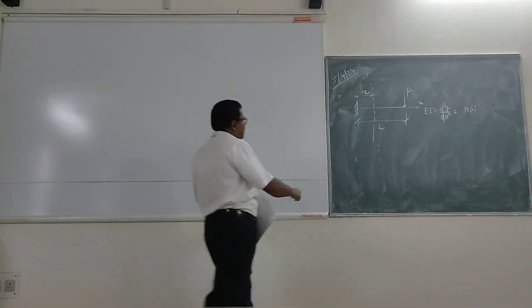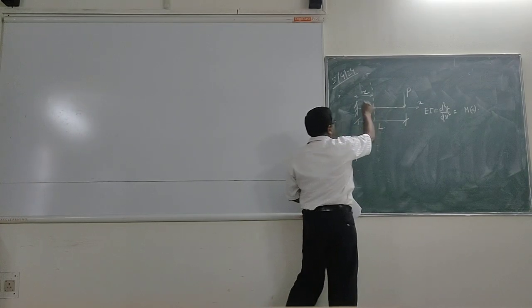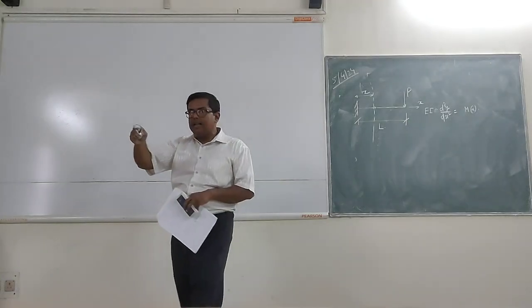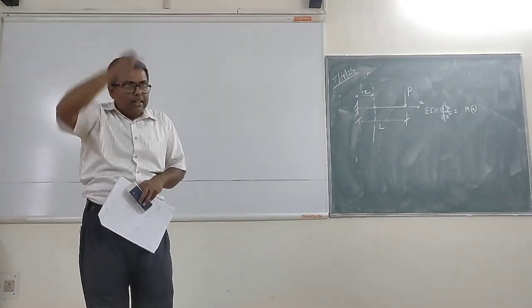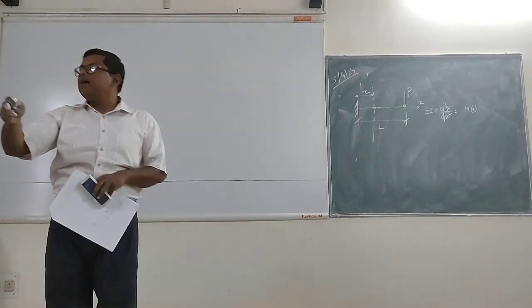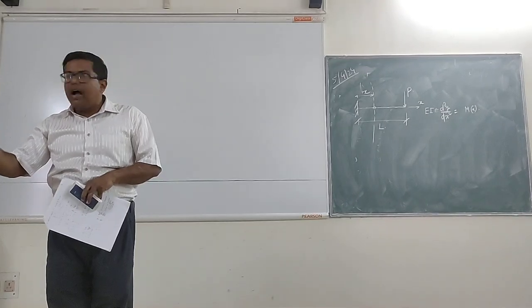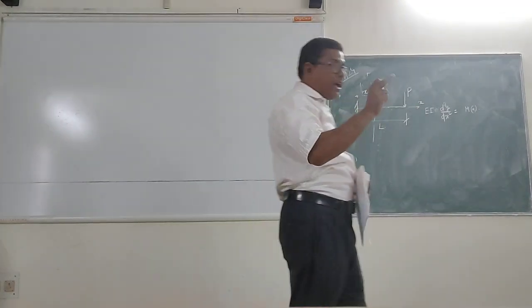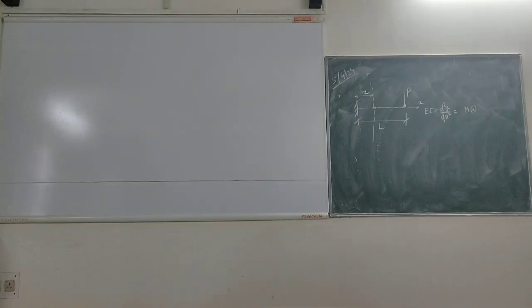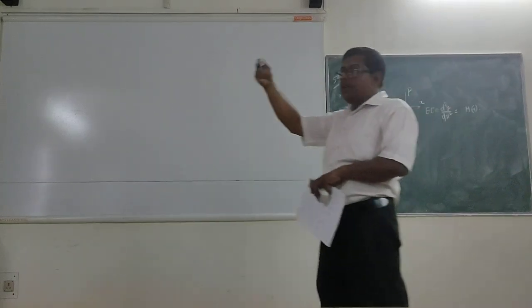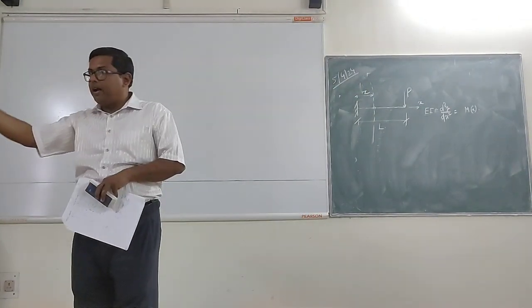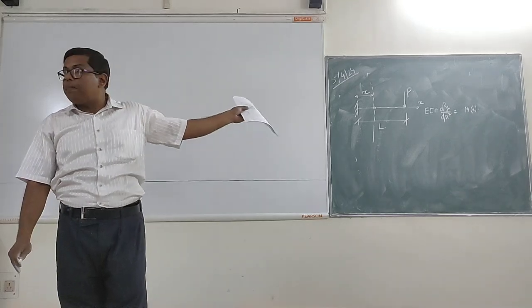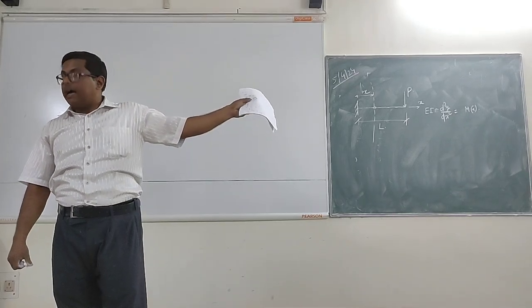Now, what will be my bending moment at this point? At a point where I am taking the section, I have to find out the bending moment over here, and it should be coming in terms of x. It may be a fixed value also, but here it will be in terms of x.